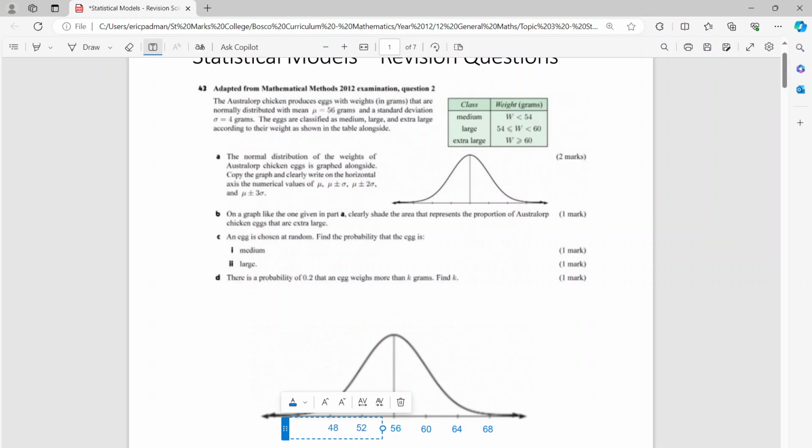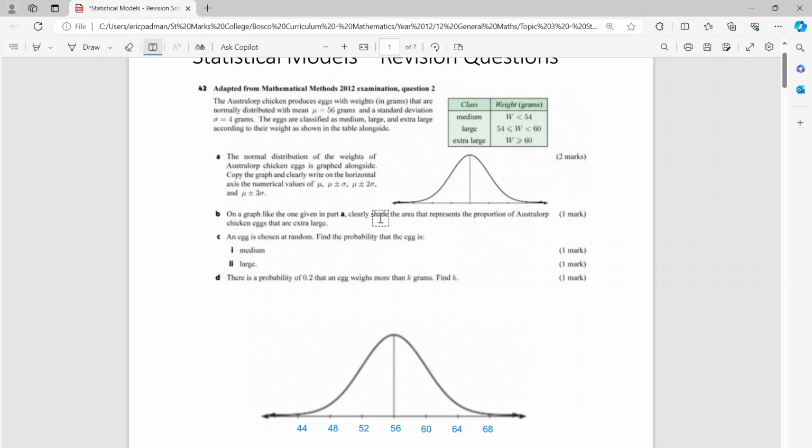Move that down a little bit. Yeah, 48. And down here, another 4 down is 44. Something to that effect. There we go. Okay, not bad.